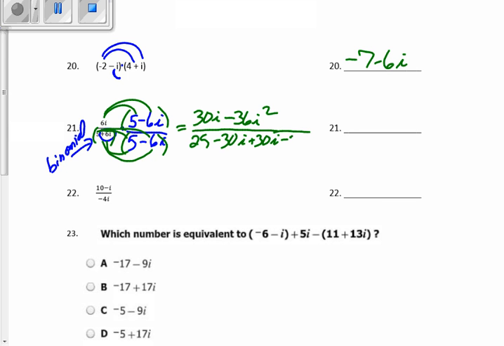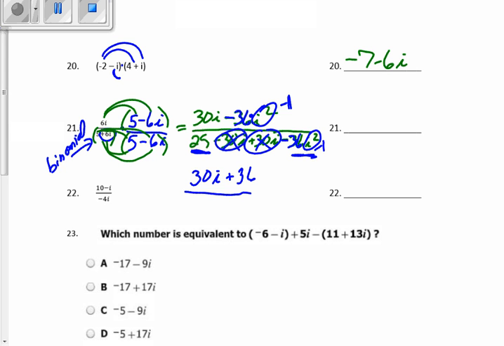Simplifying the numerator, the only thing I can see is i squared, which is negative 1. That's multiplication in between, so we have 30i, and negative 36 times negative 1 is positive 36. In the denominator, we have negative 30i plus 30i, those cancel out. Then i squared is negative 1, and negative 36 times negative 1 is positive 36, so we have 25 plus 36, which is 61.